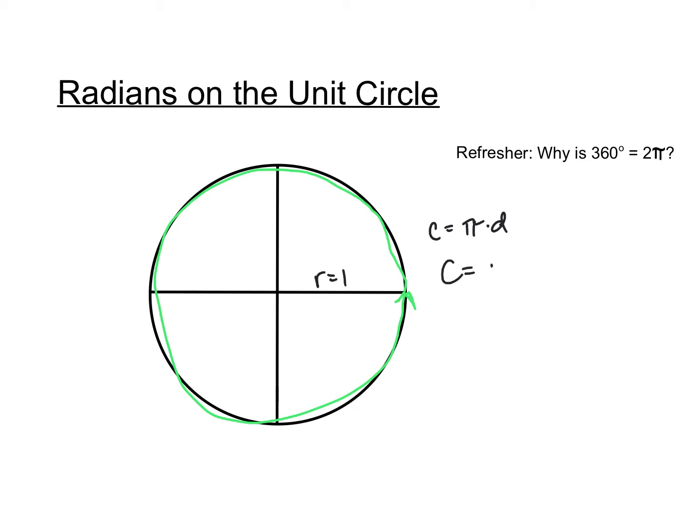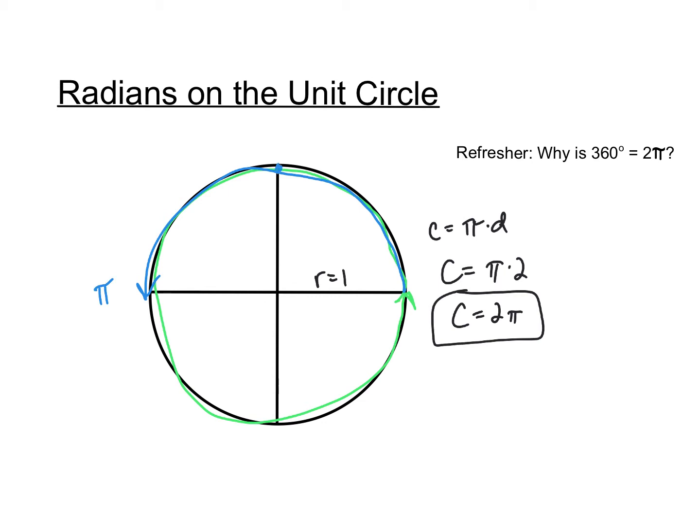So the circumference is pi times 2, or as we call it, 2 pi. So the radians is how far around the unit circle we go. If we're only going halfway around the unit circle, that's just going to be 1 pi, or pi.